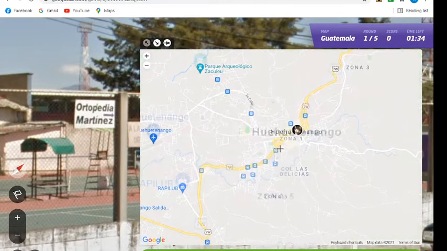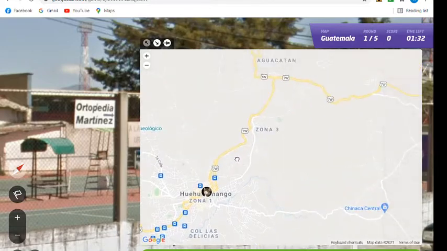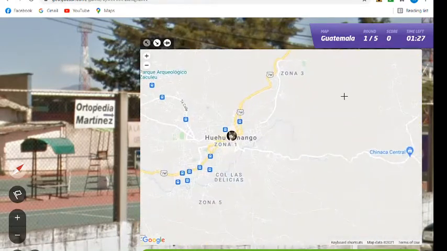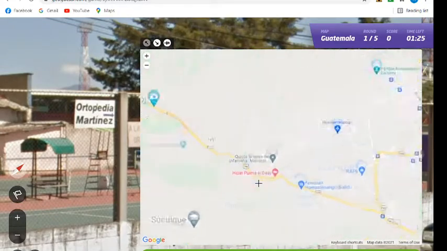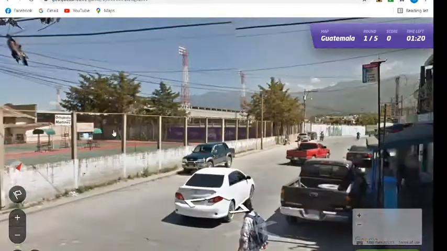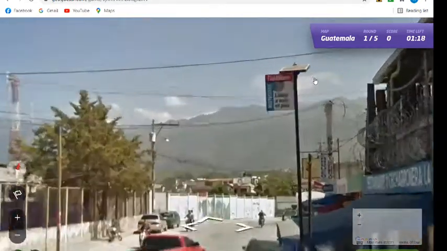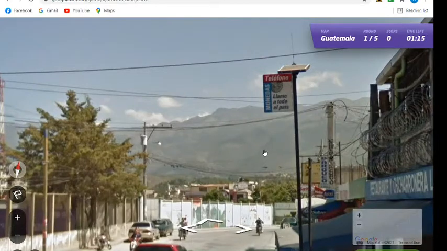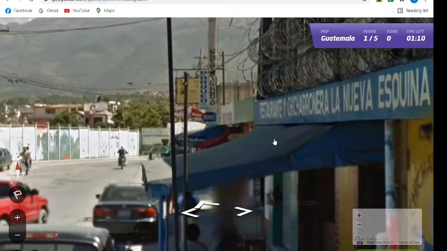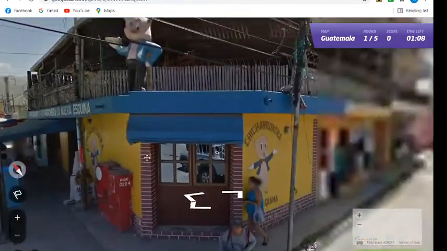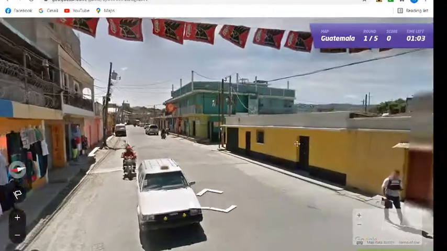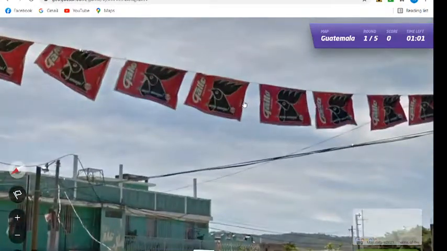So is there a pre-Hispanic city in here? Hmm, yeah, nothing clear. Okay. We've got a big mountain. And as I said, the populated areas are up in the mountains because of the higher elevation and volcanic fertility.